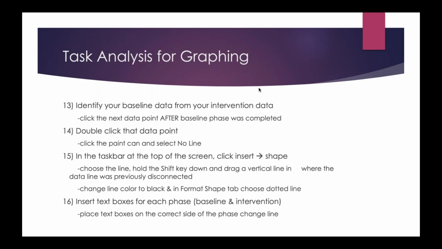You're going to choose the line, hold the Shift key down, and drag a vertical line in where the data line was previously disconnected. And then also change the color to black and choose a dotted line in the Format Shape tab.